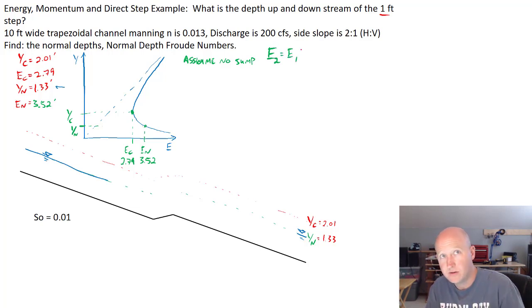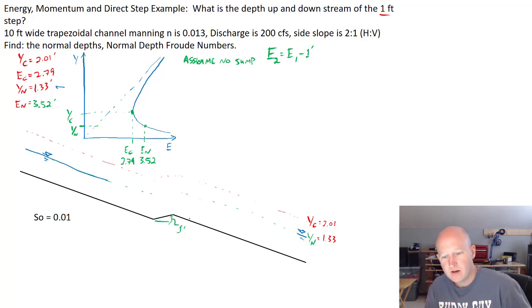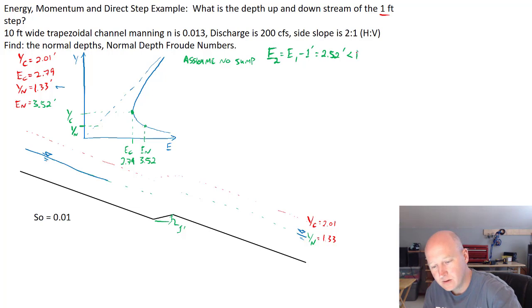Those energies are the depths plus the velocity heads minus the step height. So this step height is 1 foot. And so that is 2.52 feet, and that energy is actually less than the critical energy.